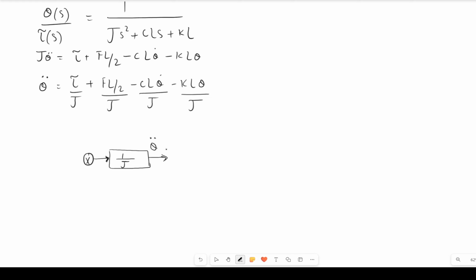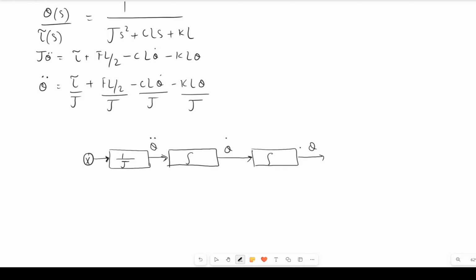Now from theta double dot, we can get theta dot by integrating. So we put an integrator here to get theta dot, and then we put another integrator here to get theta. And we know that our output is theta.